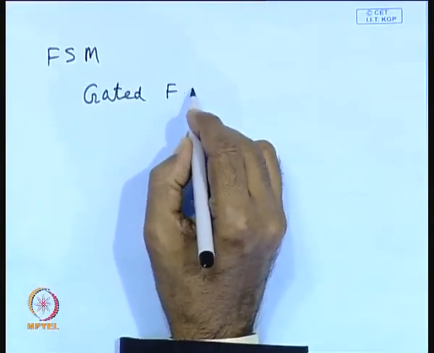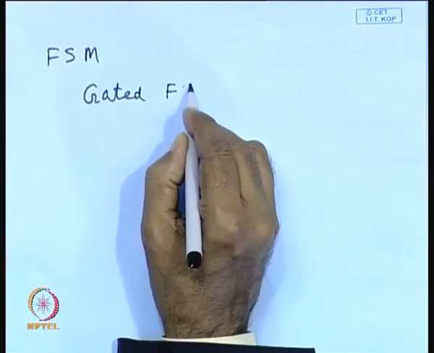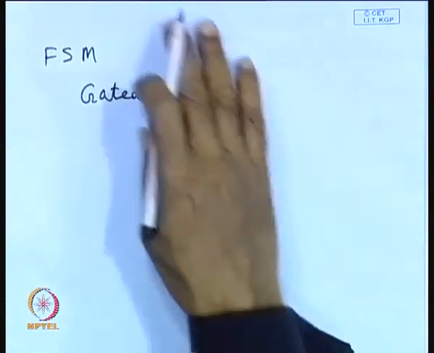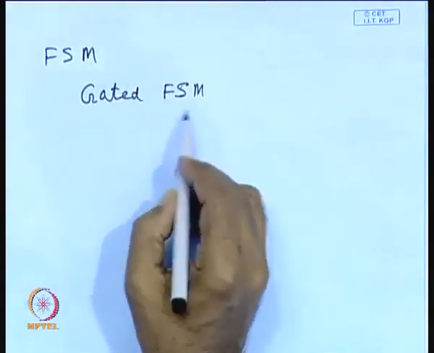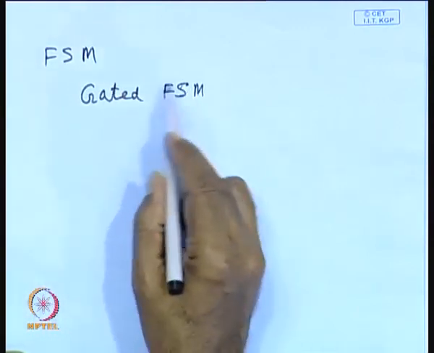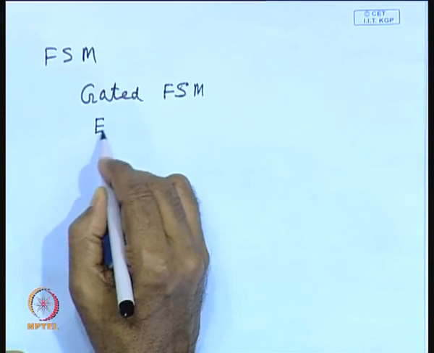You need not apply the clock all the time. You can identify idle conditions, and by finding the idle condition, you can gate the clock and save switching power dissipation. Second was encoding.